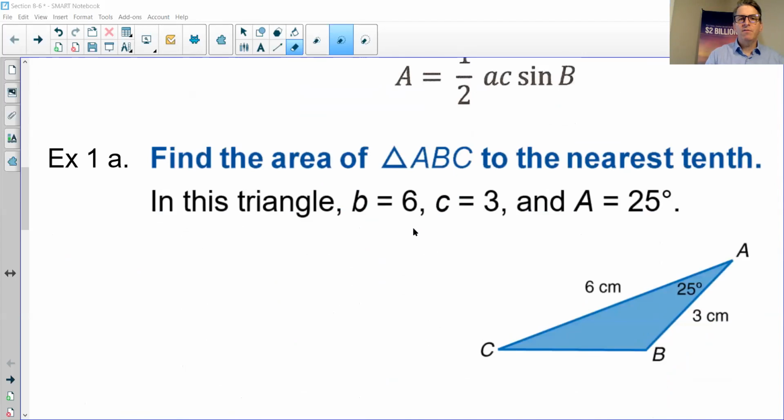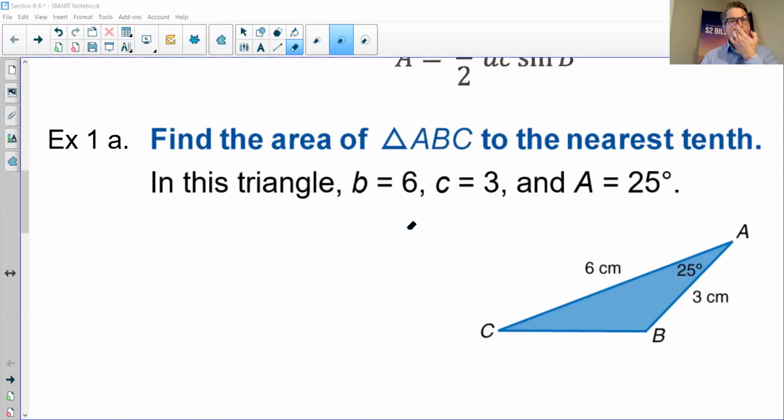Example 1A. Find the area of triangle ABC to the nearest tenth. In this triangle, b is equal to 6, c is equal to 3, and angle A is equal to 25 degrees.